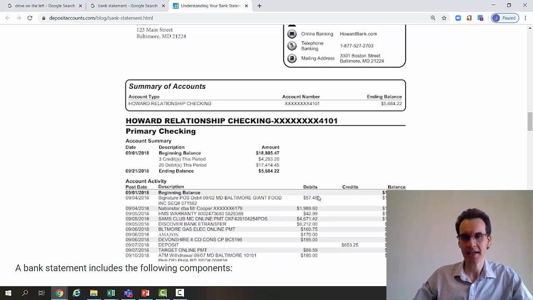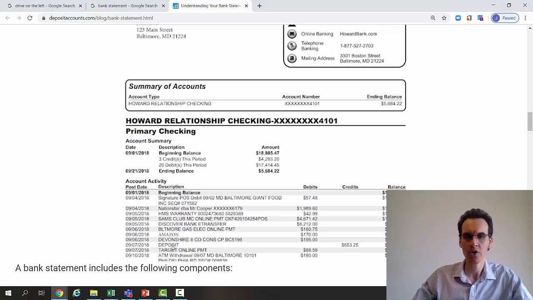Now, what you can see here is that when the account holder's account is decreasing in value, right, the bank is showing this as a debit, right? So you can see that debiting down here is progressively decreasing this balance down here.